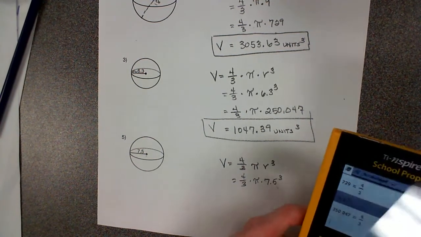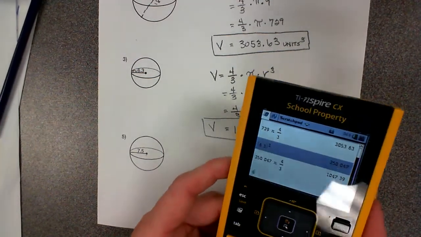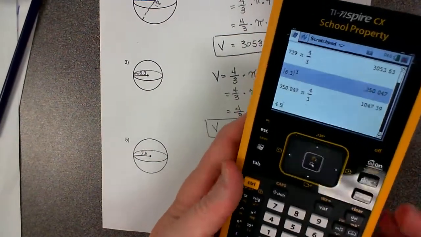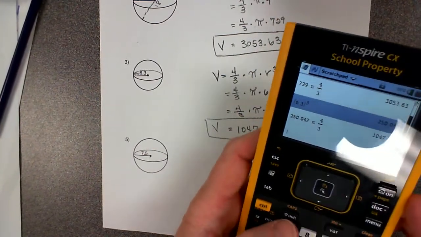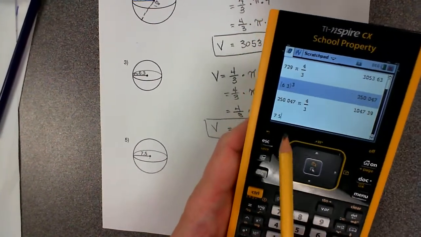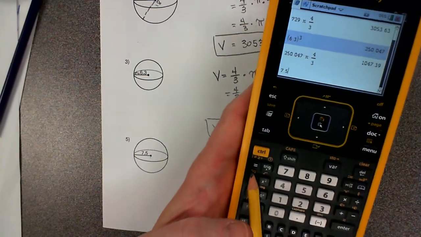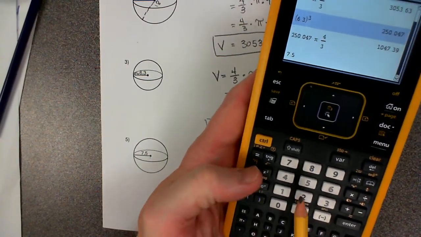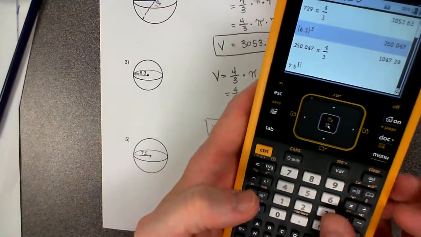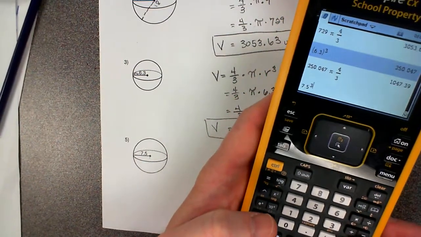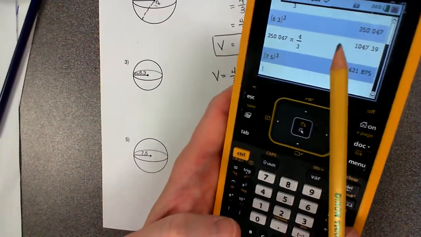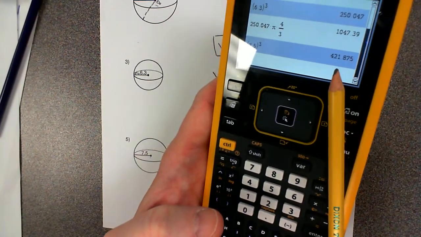So I need to take 7.5. Let's put that in the calculator. 7.5. Let's practice one more time. To take that to the third power or cube it, I'm going to use this caret button right here and say I want it to the third power. And that gives me a total of 421.875.